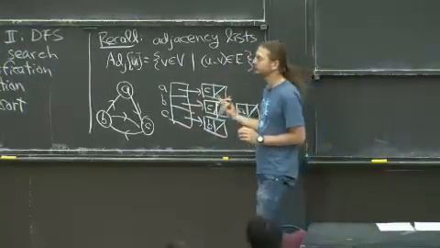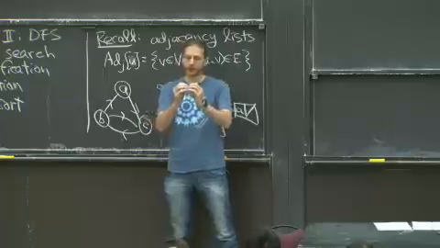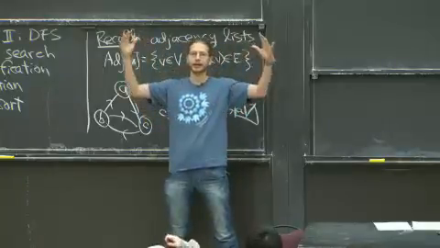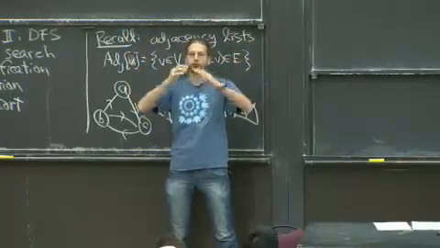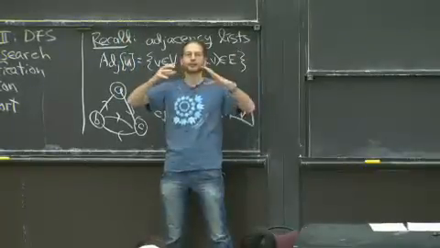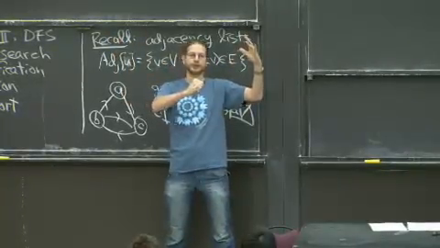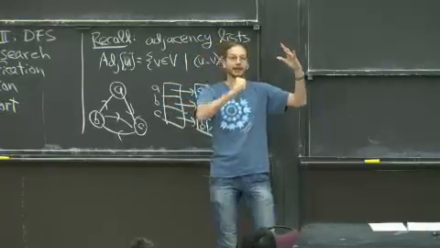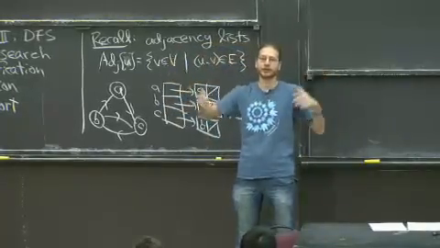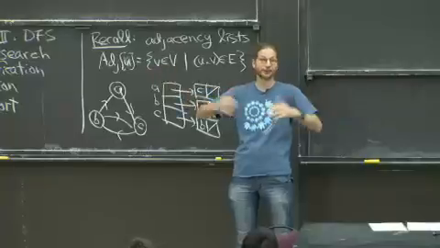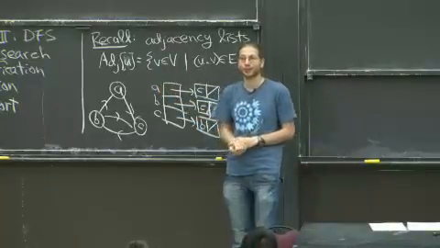So the way we did breadth-first search was really good. It explored things layer by layer. And that was nice because it gave us shortest paths. It gave us the fastest way to get to everywhere from a particular source vertex S. But if you can't get from S to your vertex, then the shortest way to get there is infinity. There's no way to get there.